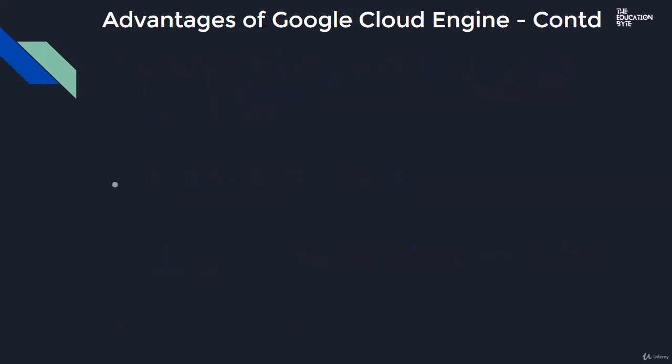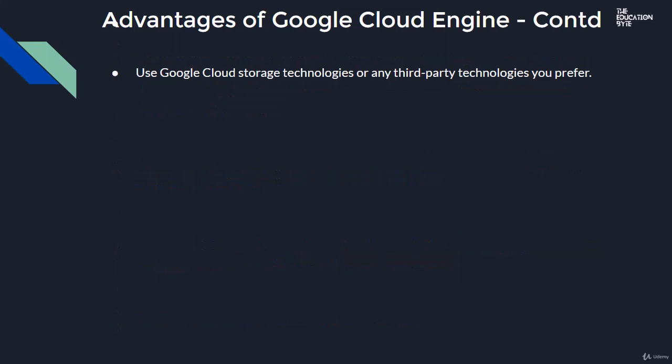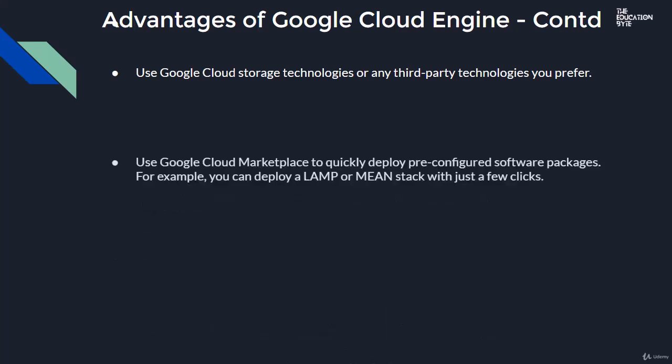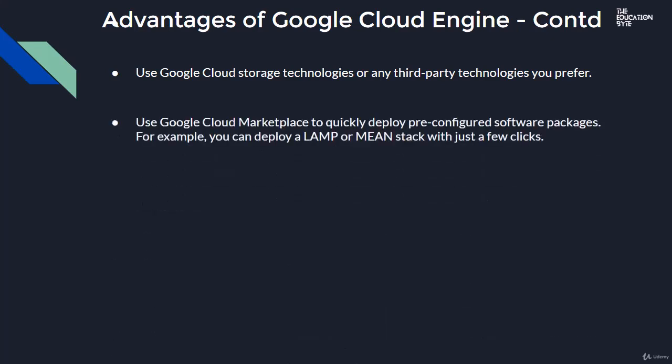So some more advantages. Use Google Cloud storage technologies or any third-party technologies that you prefer, so you're not limited with where you store data. Use Google Cloud Marketplace to quickly deploy pre-configured software packages. For example, you can deploy a LAMP or MEAN stack with just a few clicks. You can create instance groups to more easily manage multiple instances together.